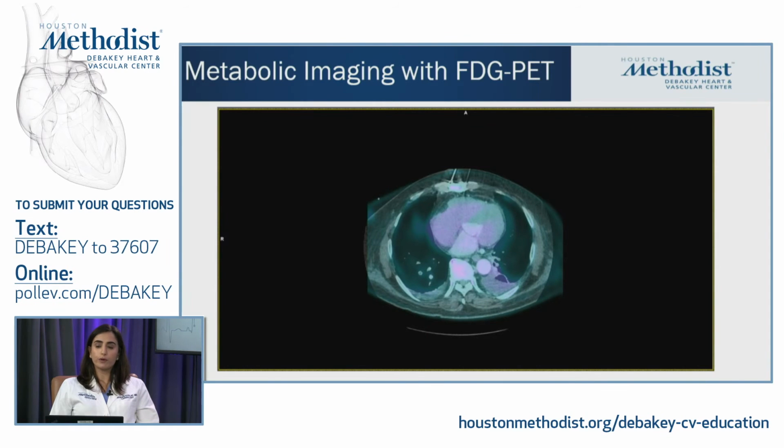So overall, with our FDG PET, what we found is these findings are very suggestive of aortic valve endocarditis, with significant uptake within the root, especially by the right coronary cusp and also by the left coronary cusp.